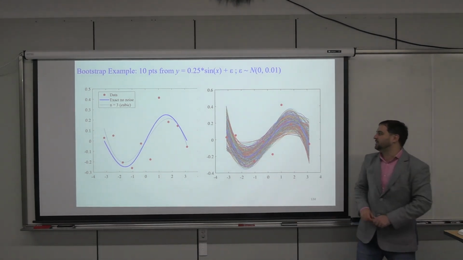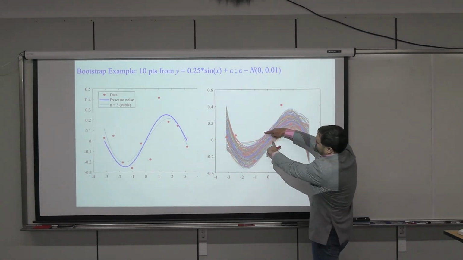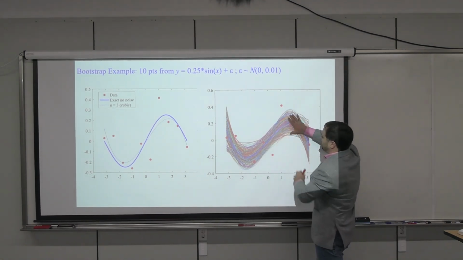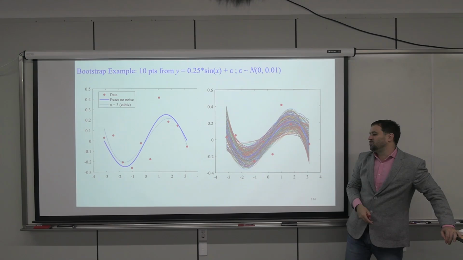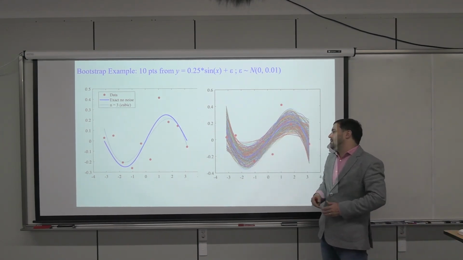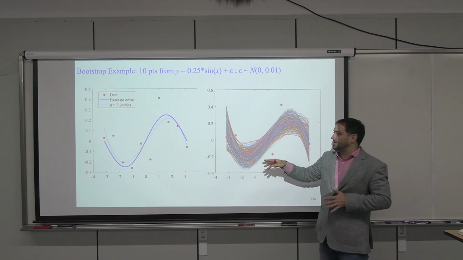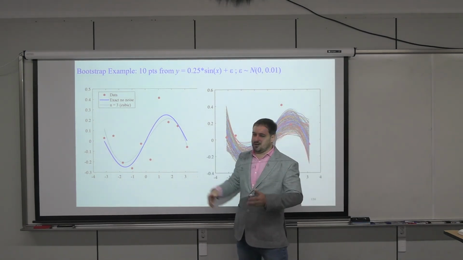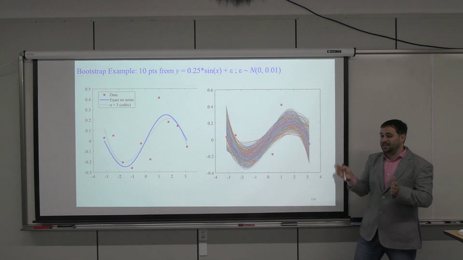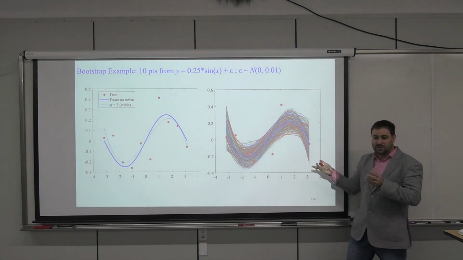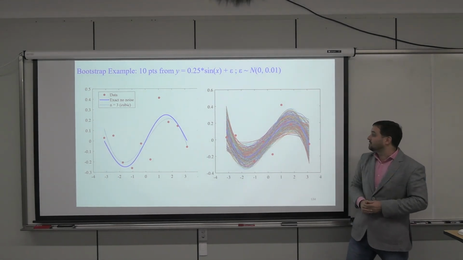But what this tells you is, if you look at the thickness, it just shows you the variation. It gives you a physical interpretation that there's noise in the data, and so your fitted regression model is not going to be perfect. It gives you the variety of possible fits that might be okay.